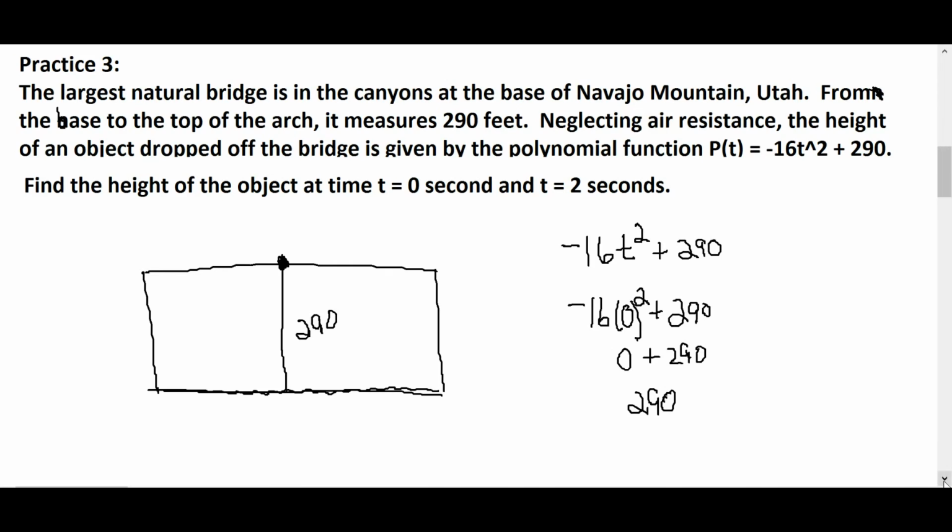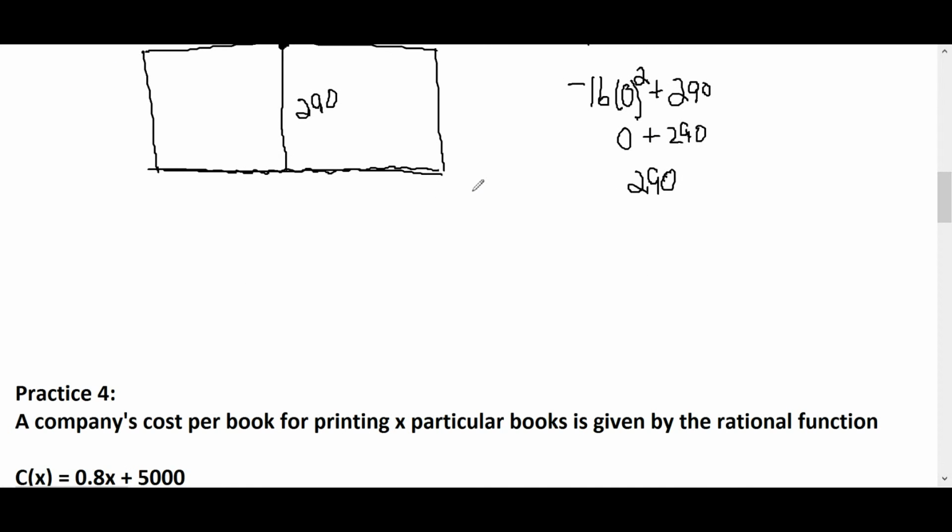Okay, after 2 seconds, I'm going to take that same equation and plug in 2 for t. So I got negative 16 times 2 to the second power plus the 290. Okay, 2 to the second power is 4, so negative 16 times 4 is negative 64 plus 290.